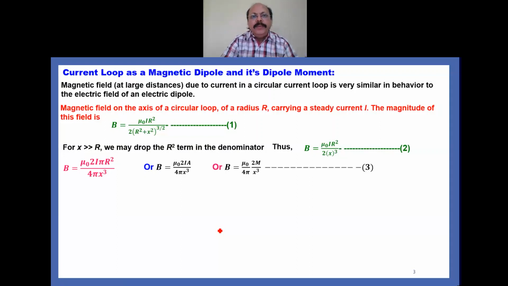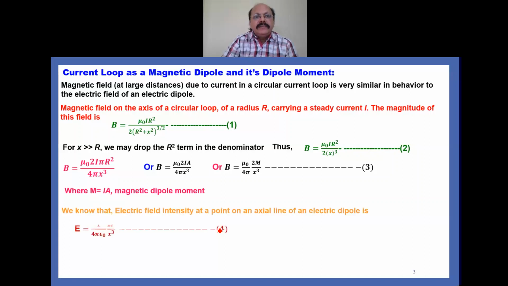So we have to compare the expression of electric field intensity at a point on its axial line, and then we define that the current loop behaves as a magnetic dipole, and also we define the dipole moment.